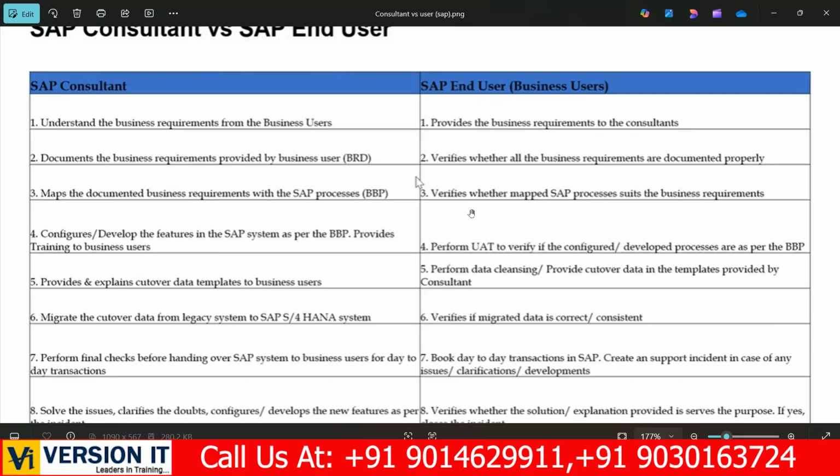Example, finance, procurement and sales as is and to be document.